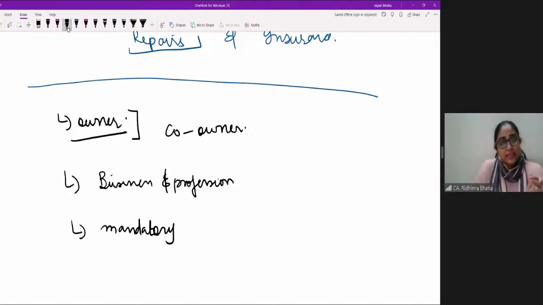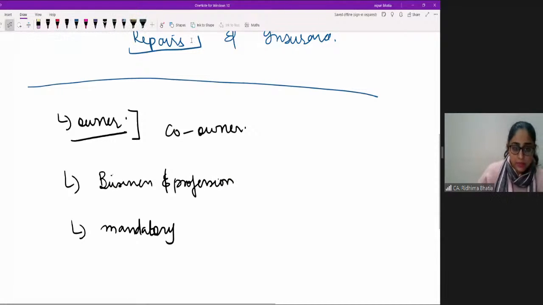But at the same time, it says to prepare your WDV chart so that you are mandatorily claiming the depreciation, so that in the year when you do not take 44AD, in the year when you do not give your income on the presumptive basis, you have the actual written down value of the asset, not the actual cost of the asset. So you have to mandatorily calculate the depreciation every year.